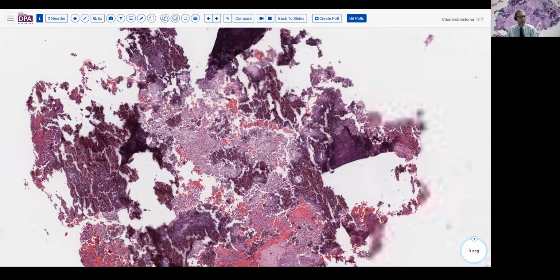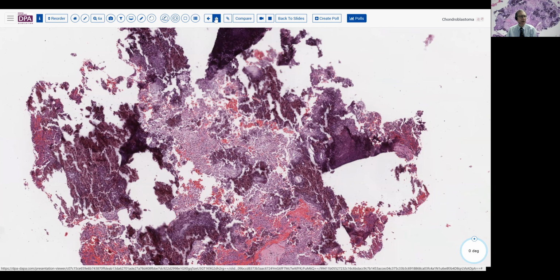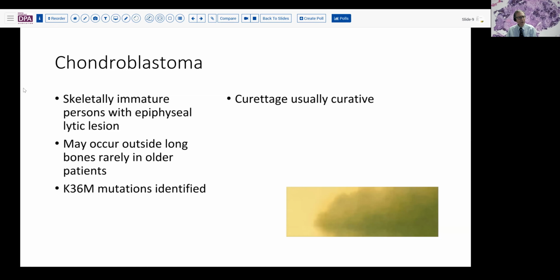So based on the morphology here, which is fairly typical, with a little bit of that coarse, pericellular calcification, sometimes referred to as chicken wire pattern, we made the diagnosis of chondroblastoma. So I've emphasized that in a skeletally immature person with an epiphyseal lesion, virtually all of those lesions are going to be chondroblastoma.